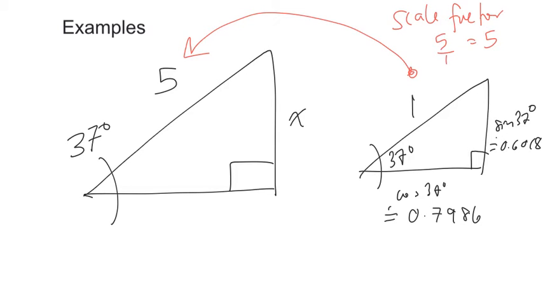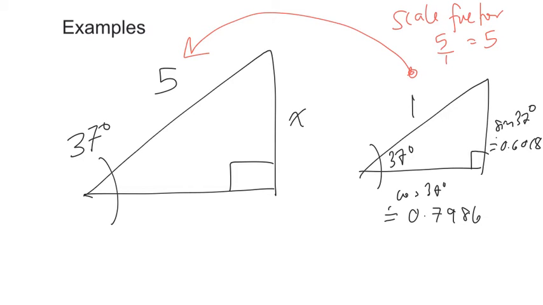So that means if I have my scale factor, I can work out the sides on my big triangle quite easily as long as I know what the sides are on my reference triangle. And that's why I did those. In this case, we're looking for the opposite side. So I'm going to take this number, 0.6018, multiply it by 5, and get x.